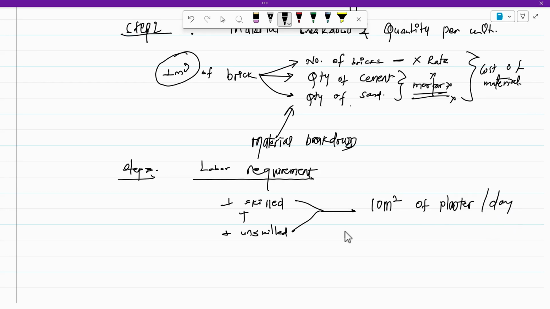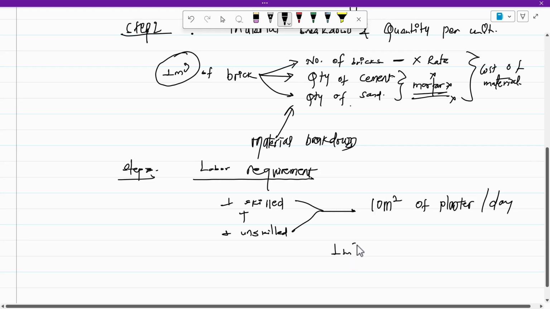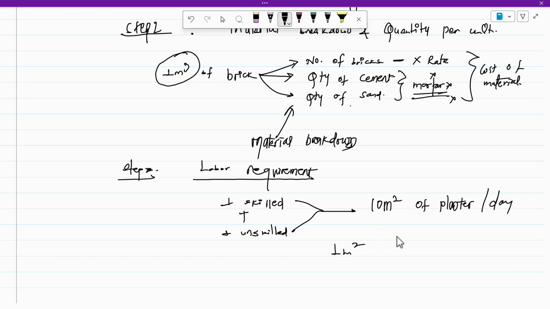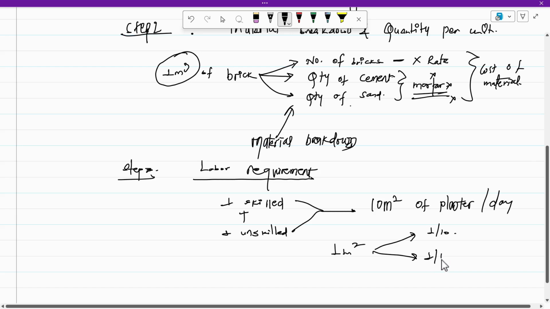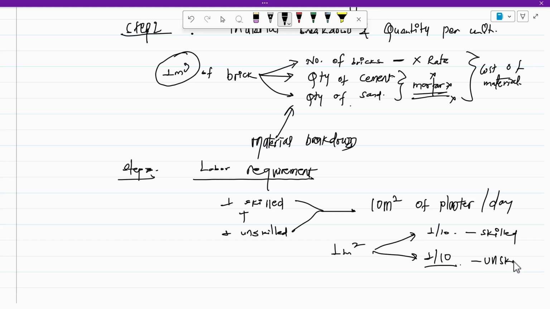Then for 1 meter square, how much skilled? It's 1 by 10. And how much unskilled? You need 1 by 10 unskilled labor. So this is skilled and this is unskilled. Okay, so this is how you calculate for per unit item of work.